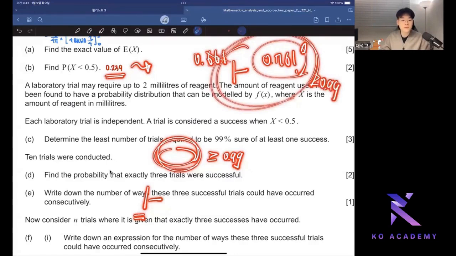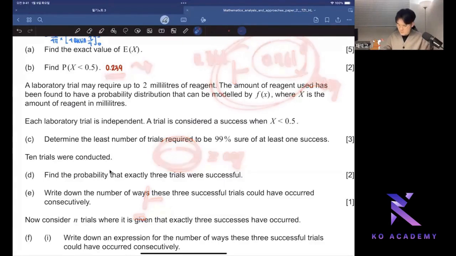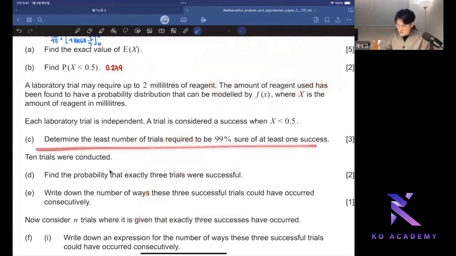Understand this? It means that if we've conducted the experiment n times, the probability of having at least one success is over 99%, right? The probability of having at least one success is found by subtracting the probability of failing completely from 1. What does it mean? That the probability of failing completely is 0.761 raised to the power of n.